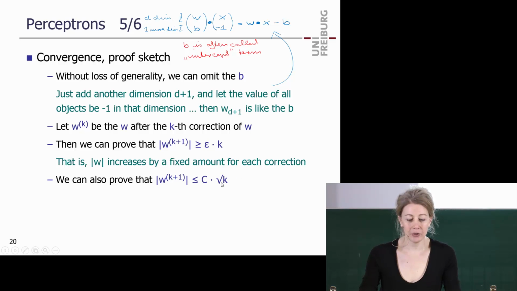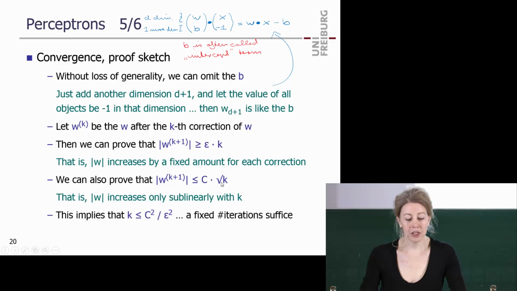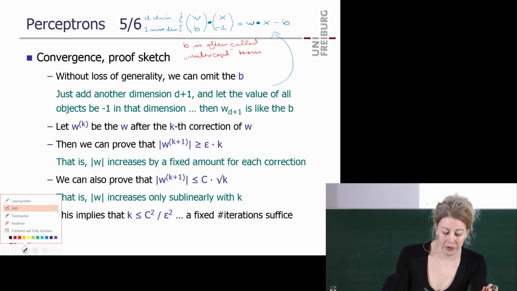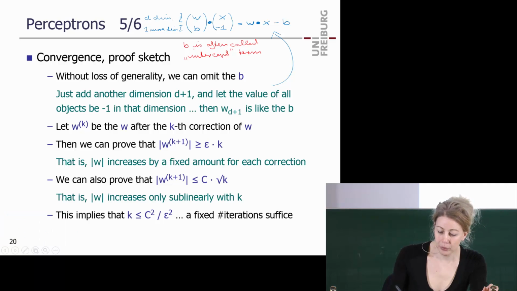It's bounded by square root of k. And this implies this. I can easily prove this implication, and I will just do this because it's so simple.